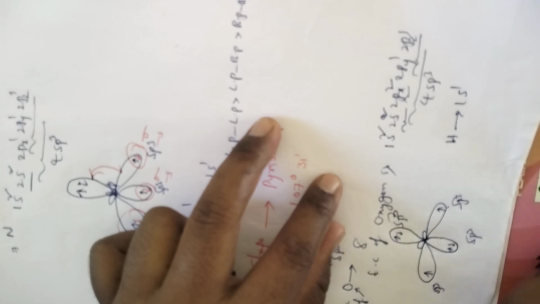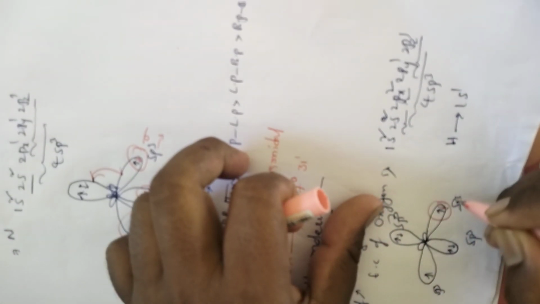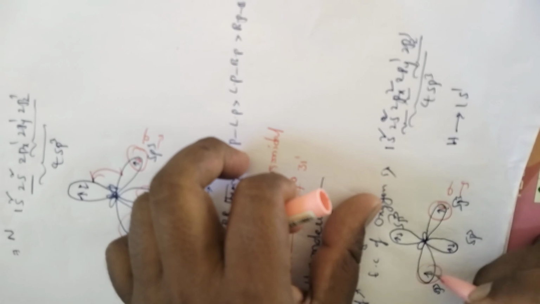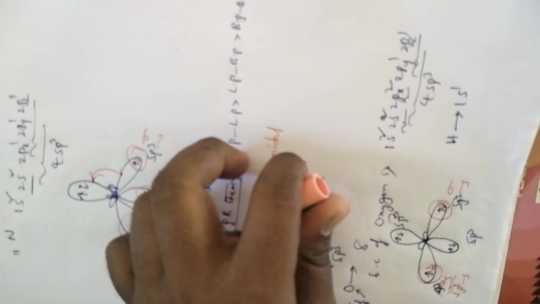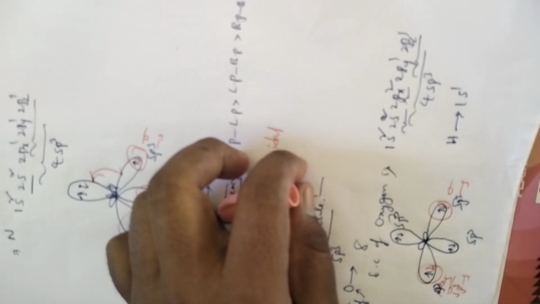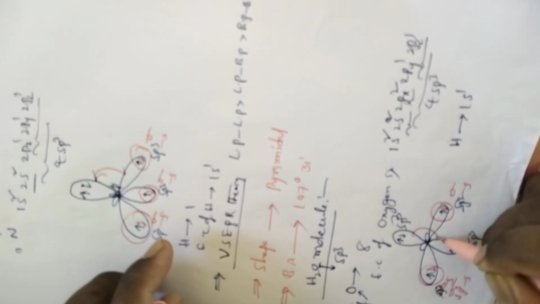These 2 sp3 hybridized orbitals of the oxygen atom linearly overlap with the 1s atomic orbitals of 2 hydrogen atoms to form sp3-s sigma bonds. Here there are 2 lone pairs of electrons.